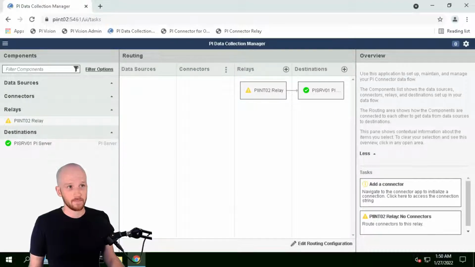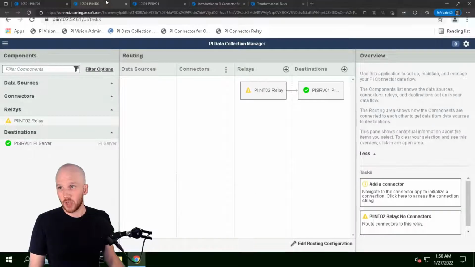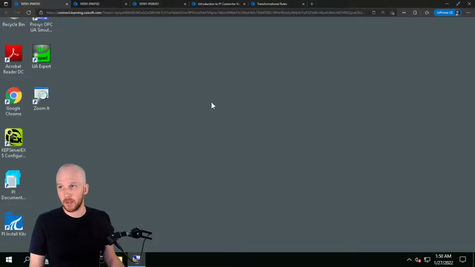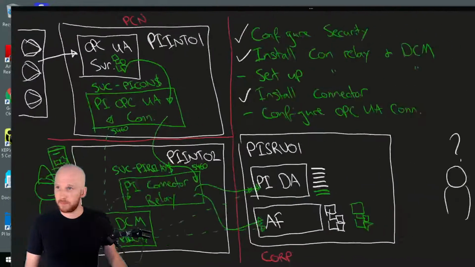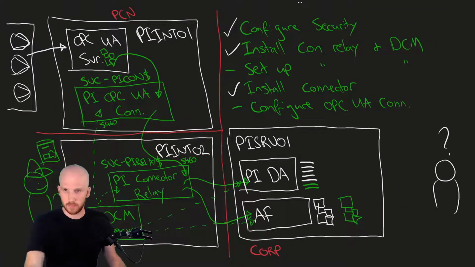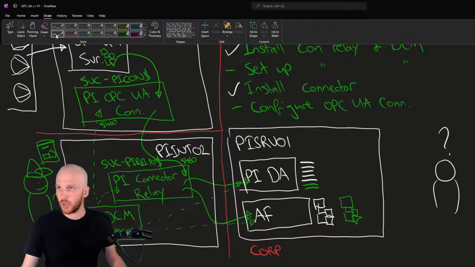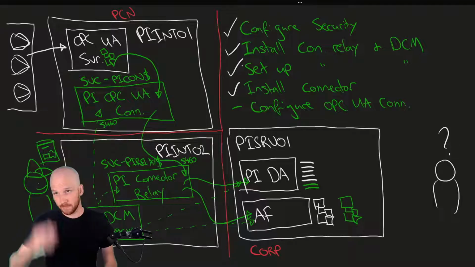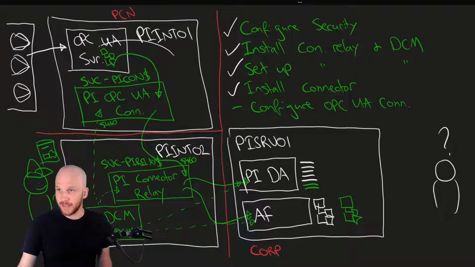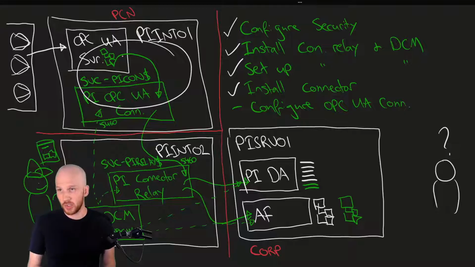Now, let's go over to our PI Int01 and check out our OPC UA configuration. Well, we'll check where we are first. We have set up our connector relay and our data collection manager. We're up to configuring our OPC UA connector, specifically getting it connected here to our OPC UA server.